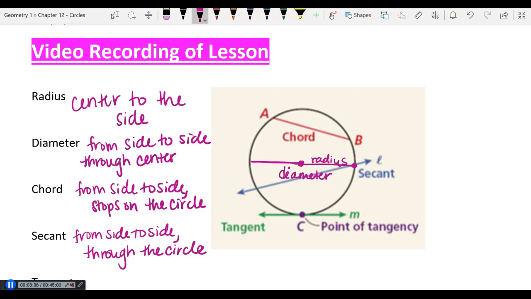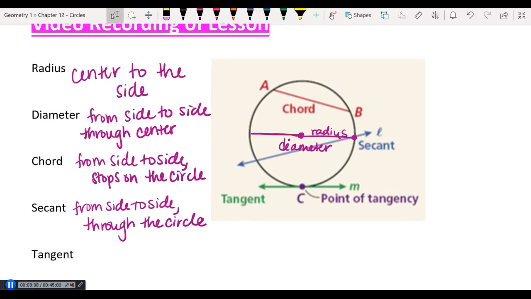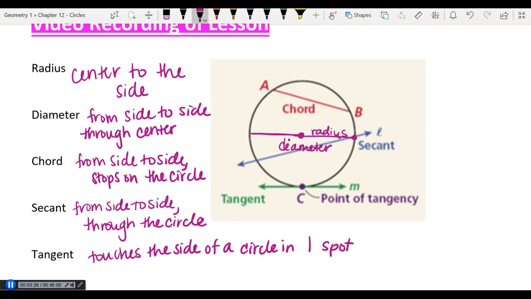And then finally, we have the tangent. A tangent just touches the side of your circle in one spot. So for example, if I were to draw this in, that blue line would be considered a tangent because it touches the side of the circle.